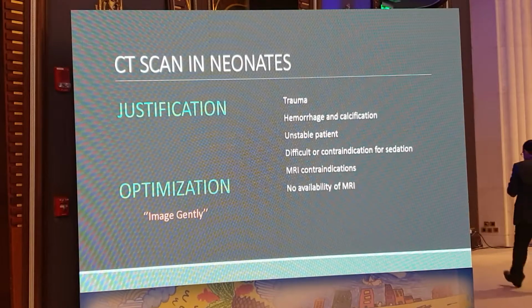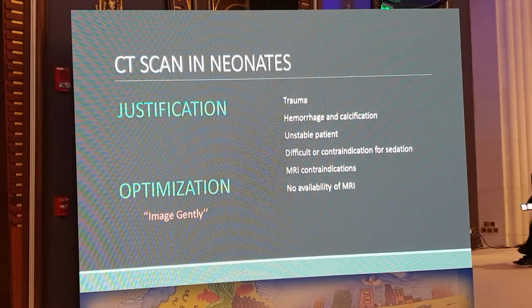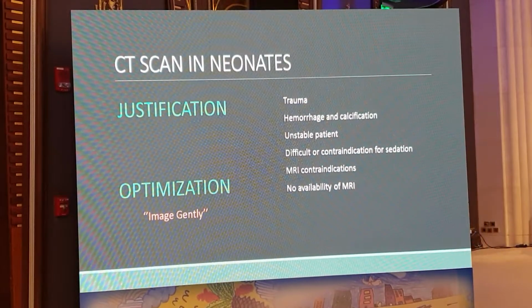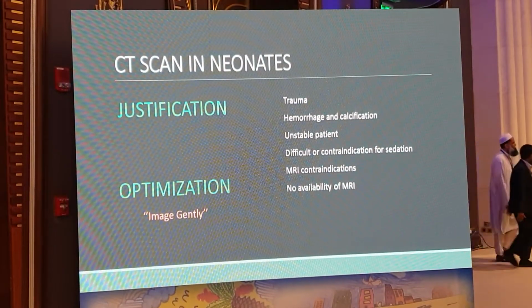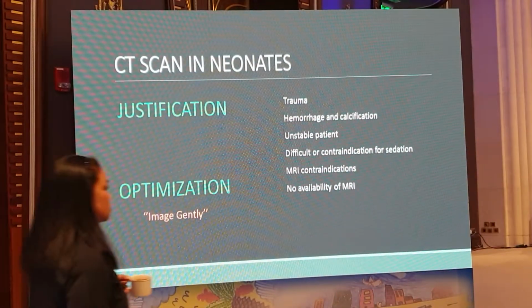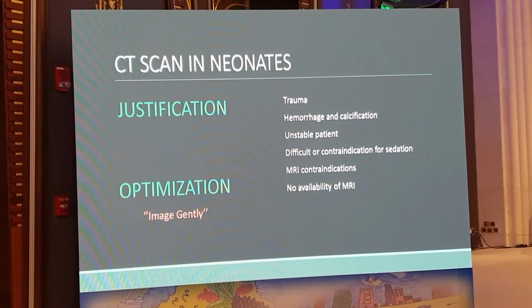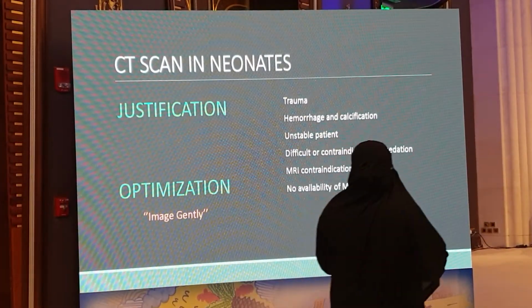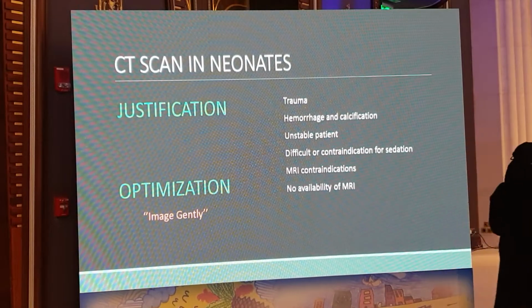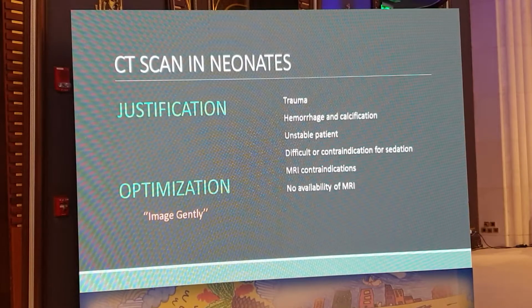To do a CT scan, we should have a good justification and optimization of this study. Justification means that we should do the exam in a situation where CT can help in the diagnosis, especially trauma, if we want to check hemorrhage or calcification, if the patient is not stable enough to go to the MRI, we cannot give sedation, if there is a contraindication to MRI or sedation, or if there is no availability of MRI.